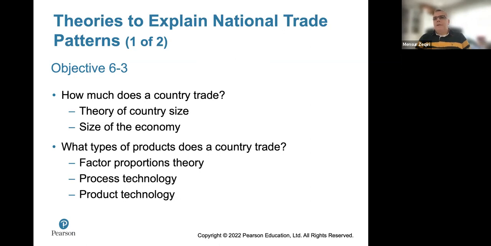So if you have scarce labor in one particular country, this would cost the country much more than if they had more land and capital resources. These relative factor costs would lead countries to excel in the production and export of products that use their abundant and cheaper production factors.